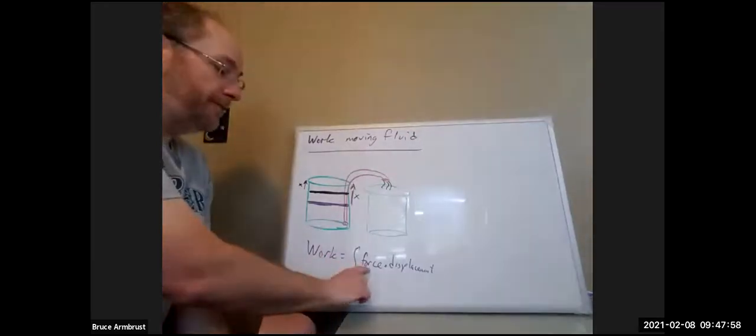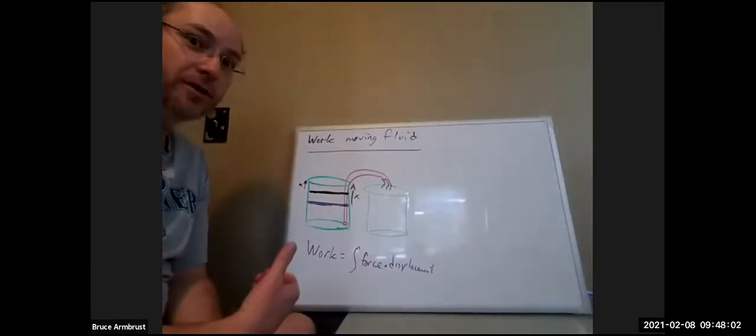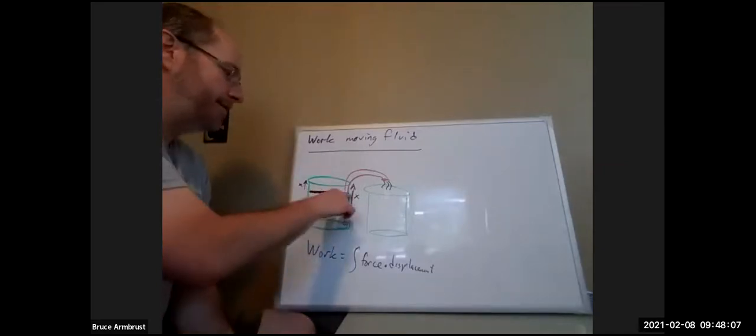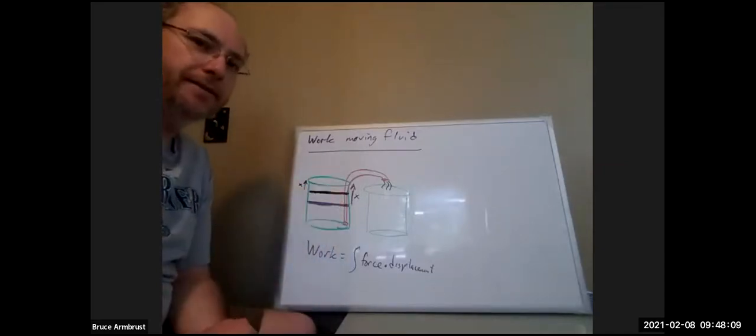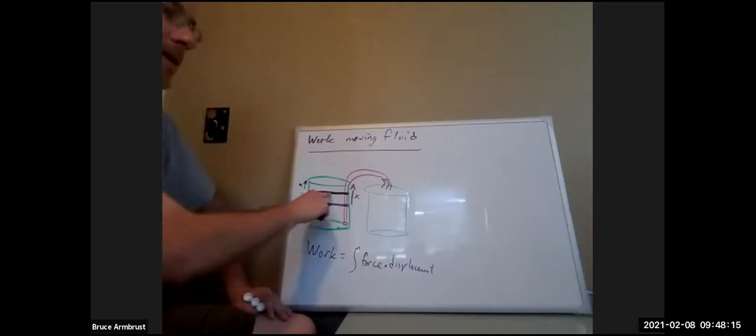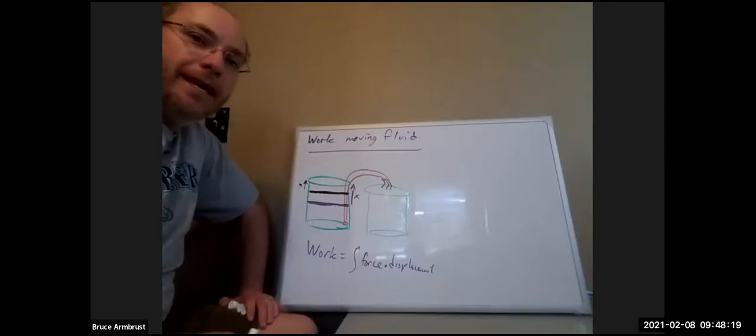All right, so let's see if we can figure out the force. The force is gravitational force, which means it's the weight. So we need to know the weight of that slice of water. Well, let's think about how you would get that weight. You would need a density, and probably a density per volume.